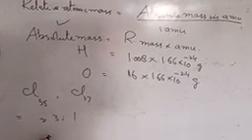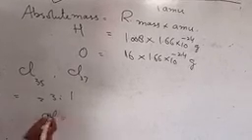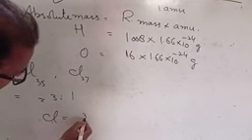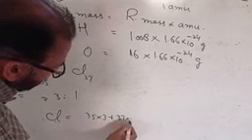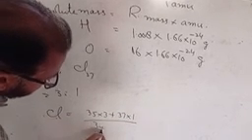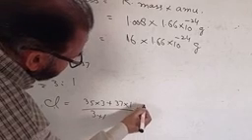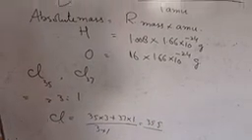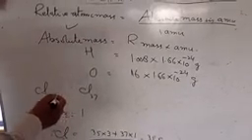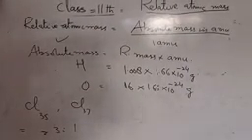So we write the relative mass of chlorine as 35 into 3 plus 37 into 1 divided by 3 plus 1, which is equal to 35.5. This is the average relative mass. So this is how we can determine the atomic mass of an element. Thank you.